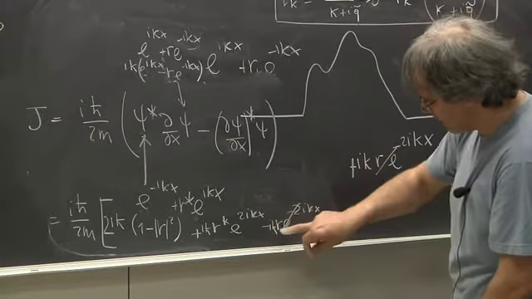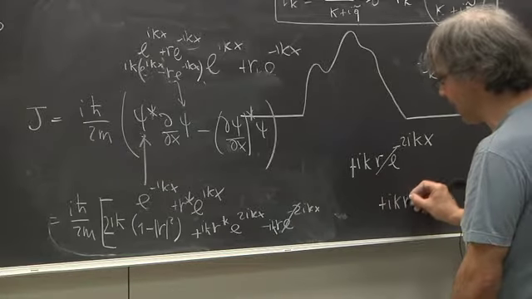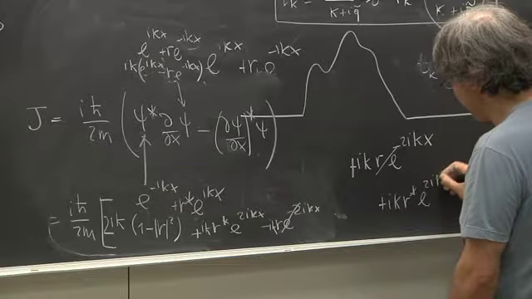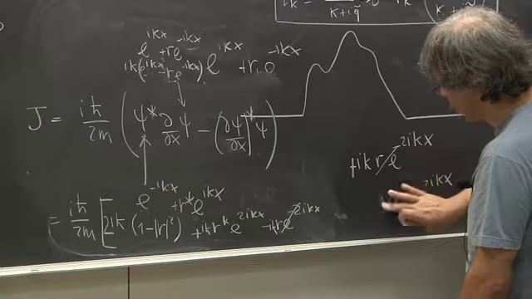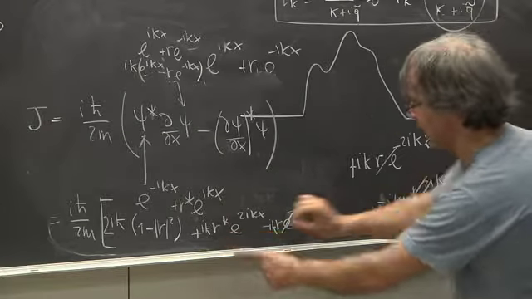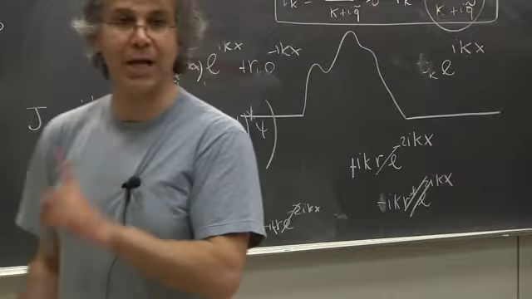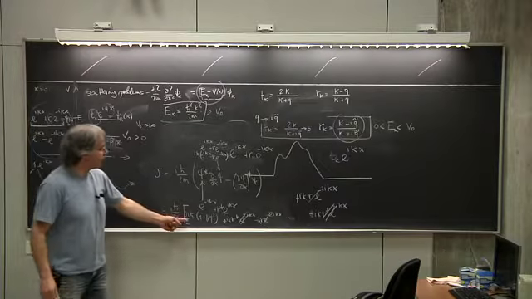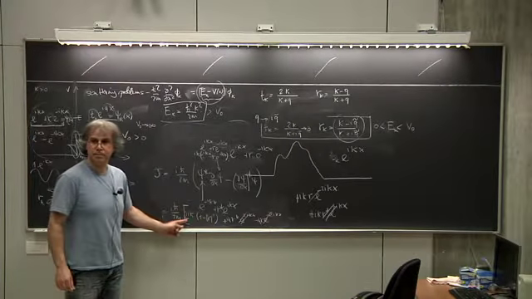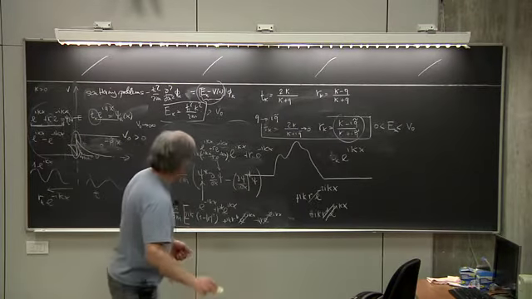Again, the star of this is plus i k r star e to the 2ikx, but I have to subtract it, so I put a minus, and it is exactly that. So you see the oscillatory factors cancel. The uniform term doubles. Is this clear to everybody? Very simple calculation, nothing really mysterious.